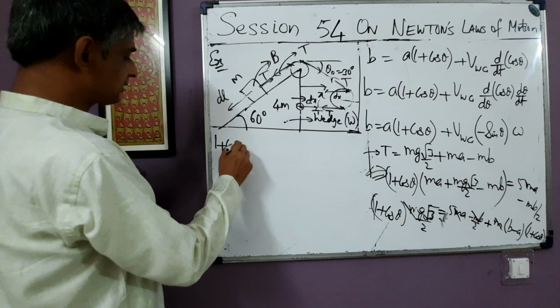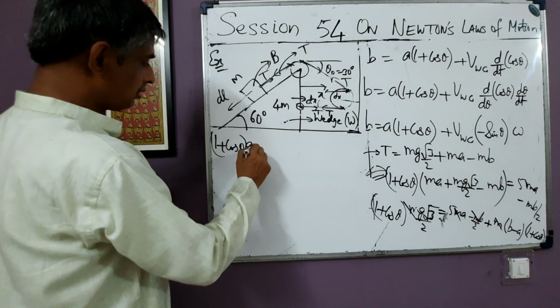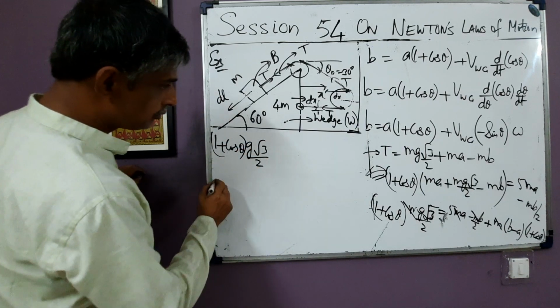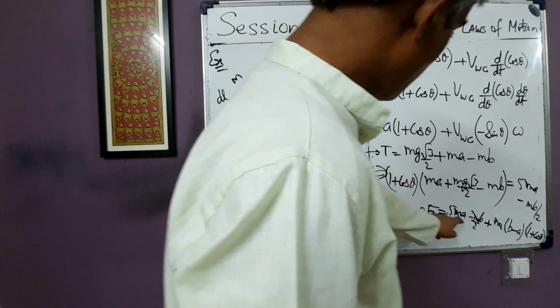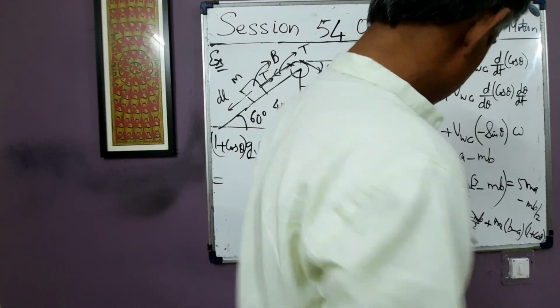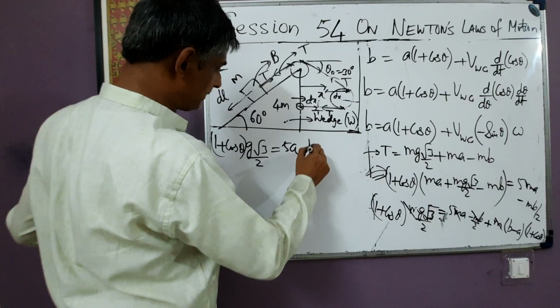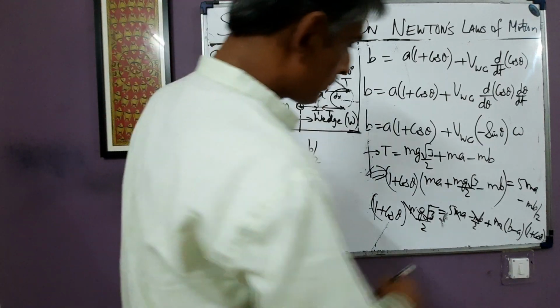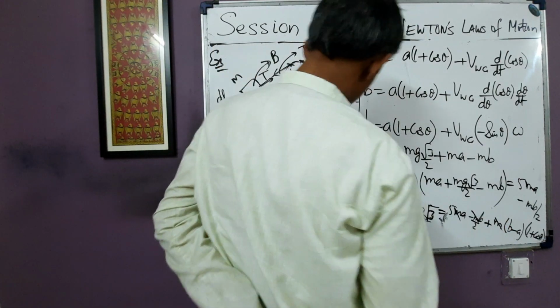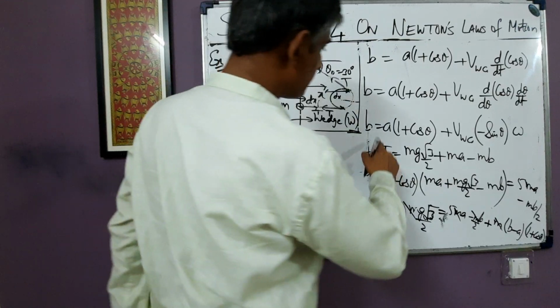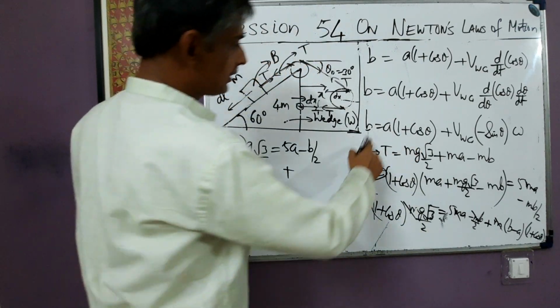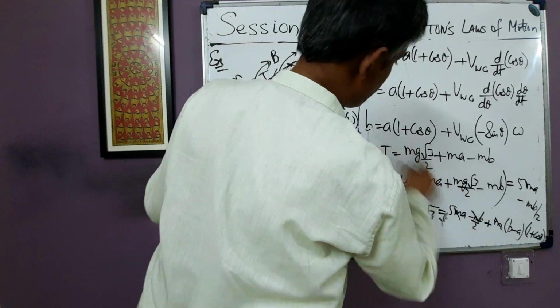(1 + cos θ) into g√3/2. That is equal to, now this becomes what? 5a minus b/2, plus (b − a)(1 + cos θ). Now what is b minus a from this equation? Instead of b I substitute this b here.